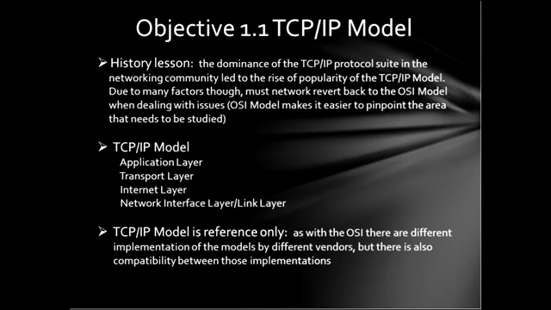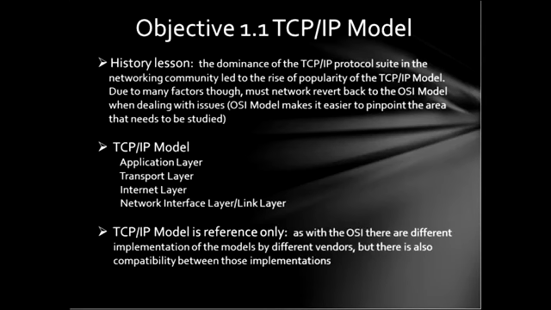So now we move to the TCP/IP model. So again, a history lesson. Everybody uses TCP/IP nowadays. It used to be there were a whole bunch of different networking standards that you could use to create networks out of. Nobody uses them really anymore, except in very, very legacy type operations.